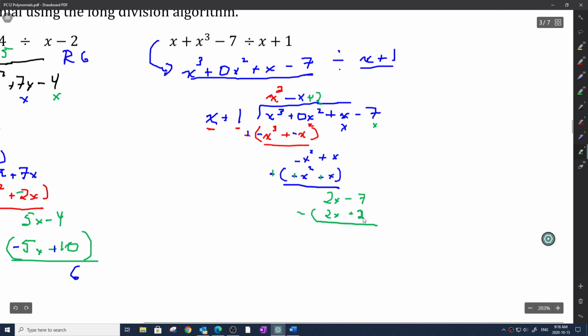I have to subtract this, so instead of subtracting, I change it to the negative. And what we get is a remainder of negative 9. So my quotient is x squared minus x plus 2 with a remainder of negative 9. We'll see how we can write this later on.